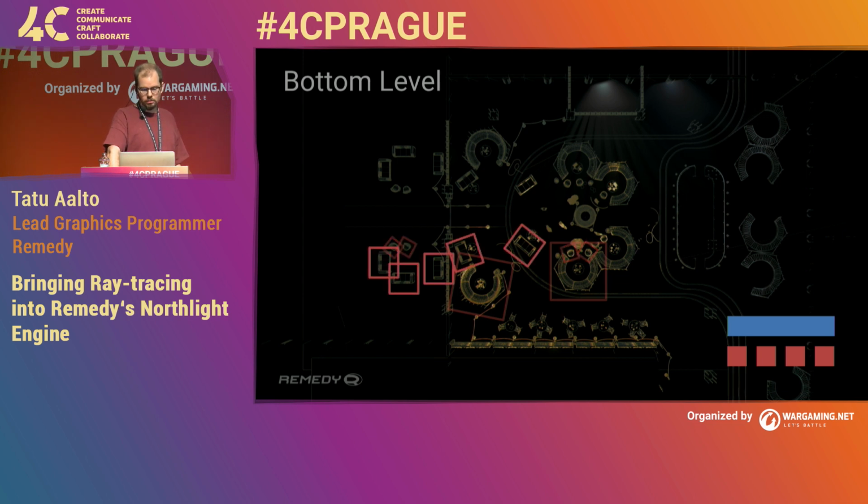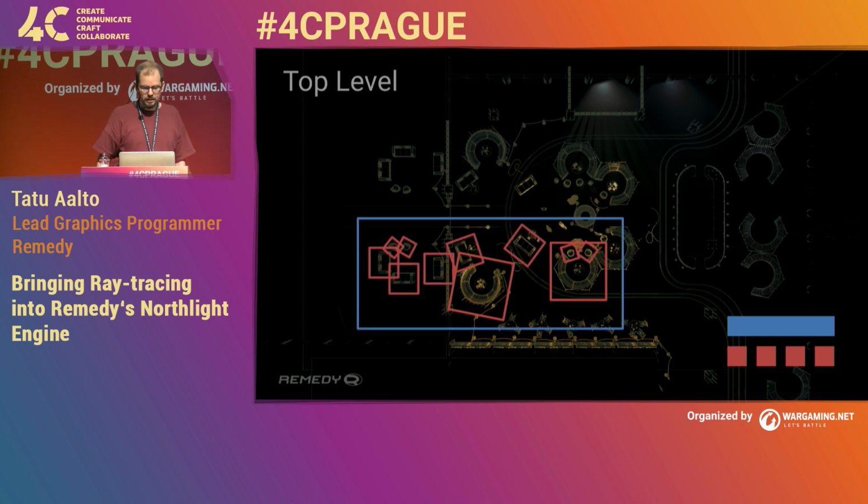Then there are a couple of other objects, a couple of bigger sofas, and those you throw into the top level tree. The API is built on top of normal DirectX buffers, so the bottom level tree building is really simple. You just give your GPU vertex and index buffers, and the API gives you back a bottom level tree.